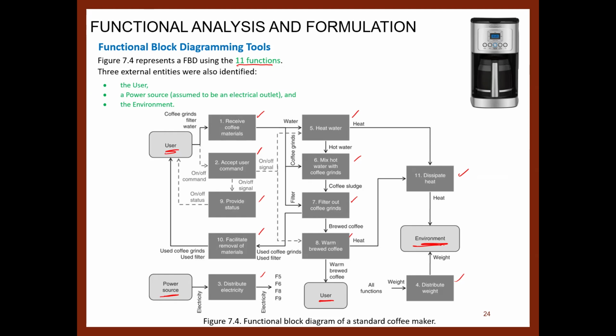And then the rest of the process is just what we know. So you have heat water, mix the water with the coffee grinds, filter out the coffee grinds, warm the brewed coffee, and then you have the coffee delivered to the user. Here we have number 9, provide the status. Once that's done, facilitate the removal of the materials, dissipate the heat, and then you interact again with the environment.